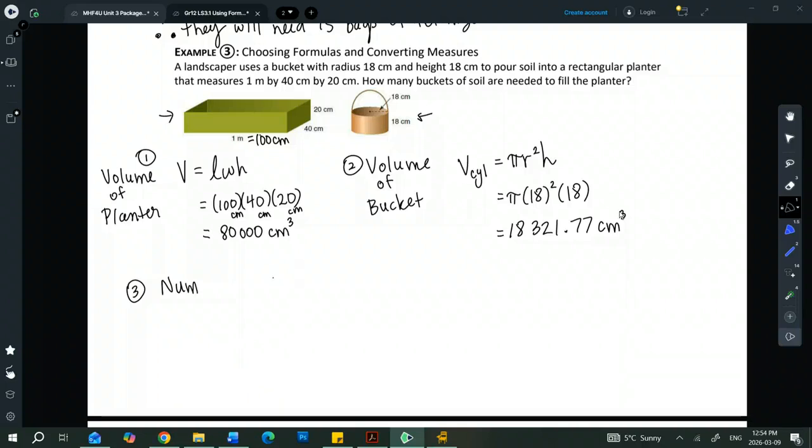So we'll say number of buckets equals 80,000, the total we need to fill, over 18,321 times 0.77. And let's round to the nearest tenth.